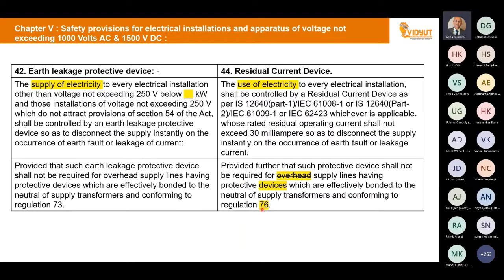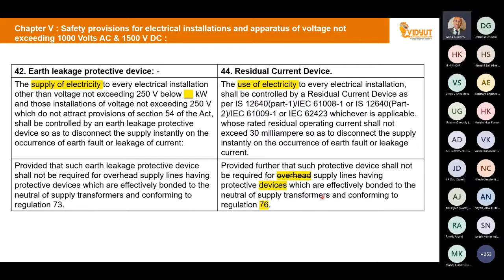Now what the second para says is that in case of a TN system, if the supply is a TN system, RCD is not required. This is very important because you cannot run a small scale industry with 50-60 kilowatts of load having a lot of electronics with a 30 milliampere RCD at the point of commencement of supply, because the RCD will create nuisance tripping.